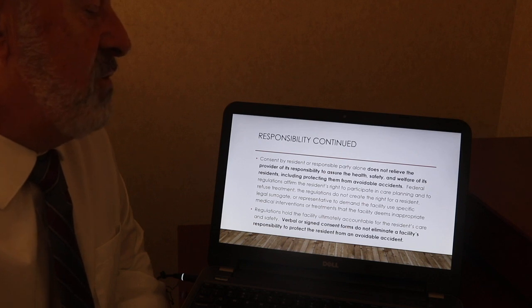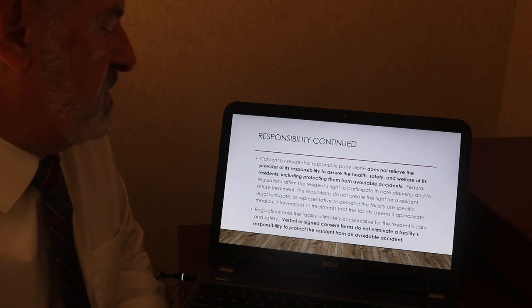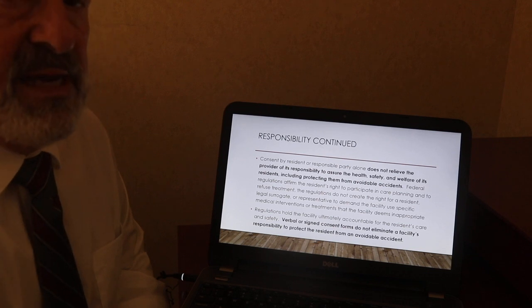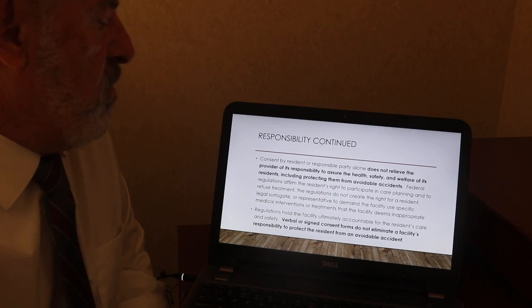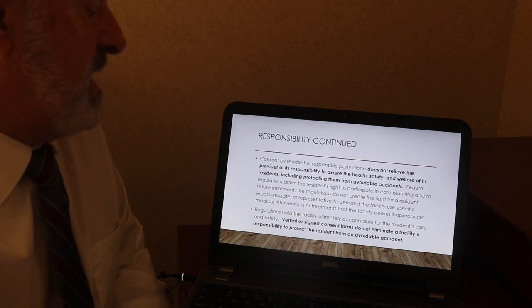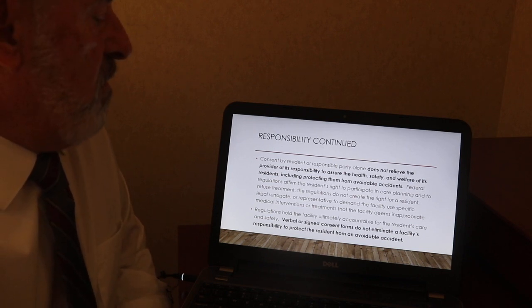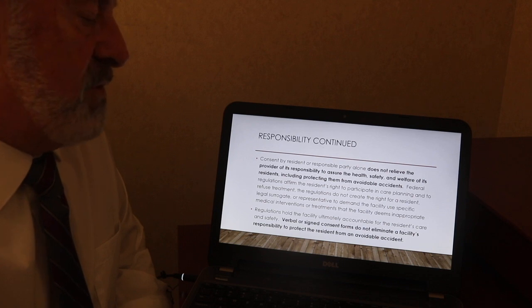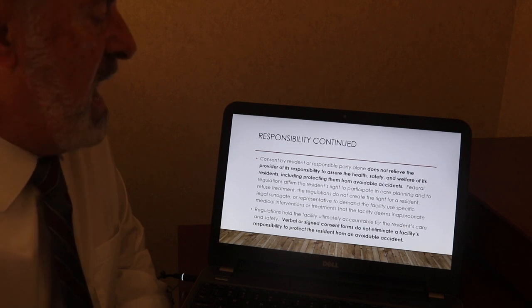The regulations do not create the right for a resident, legal surrogate, or representative to demand the facility use specific medical interventions or treatments that the facility deems inappropriate. Regulations hold the facility ultimately accountable for the resident's care and safety. Verbal or signed consent forms do not eliminate a facility's responsibility to protect the resident from an avoidable accident.